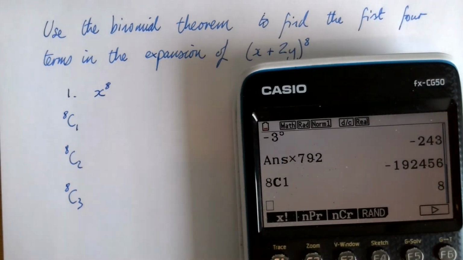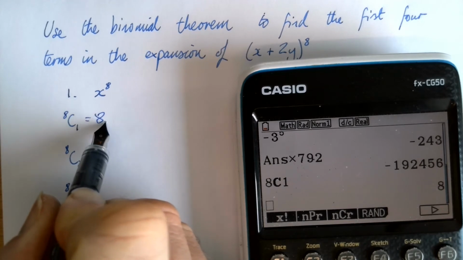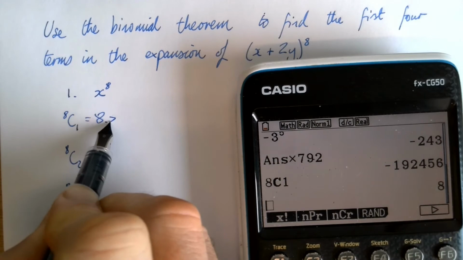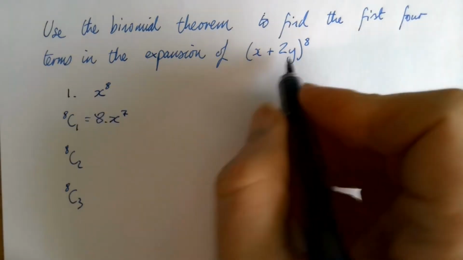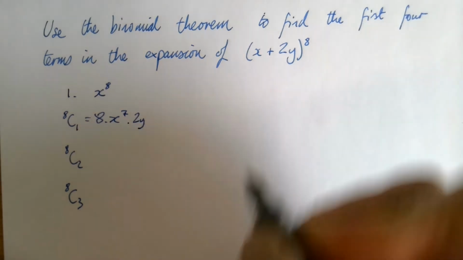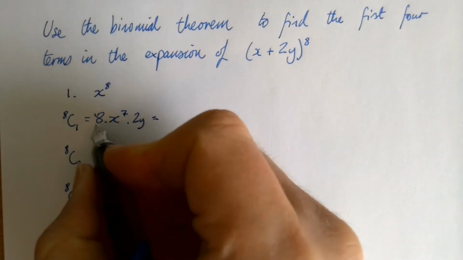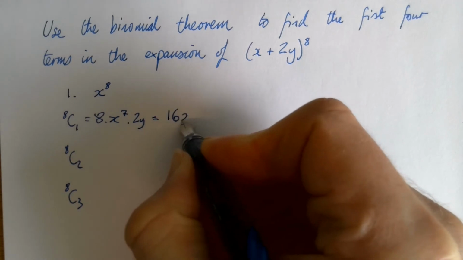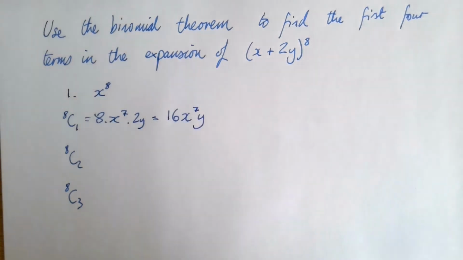And does. So we can say that that is going to be 8 times x to the power 7 times 2y. So then we work that out as being 8 times 2 gives us 16 x to the power 7 y.